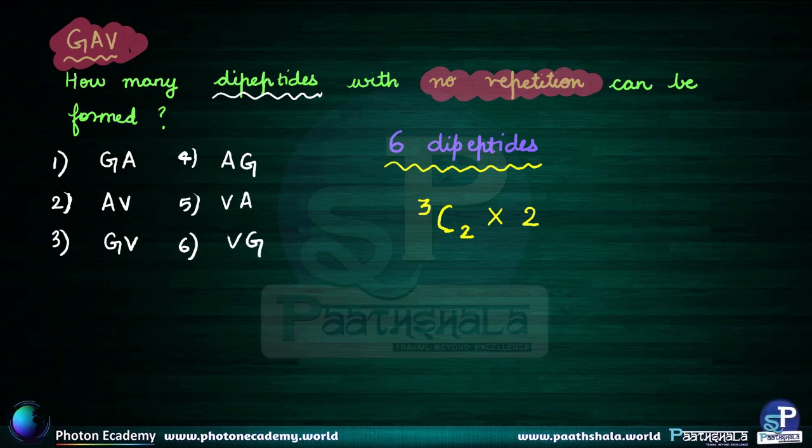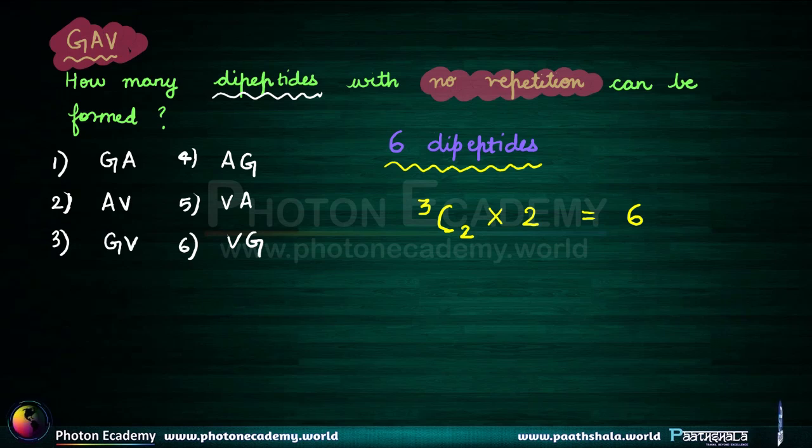So if we calculate this also, it comes out to be 6, and therefore we can calculate the dipeptides this way. But this particular method is the more viable one, so we should do it by this method.